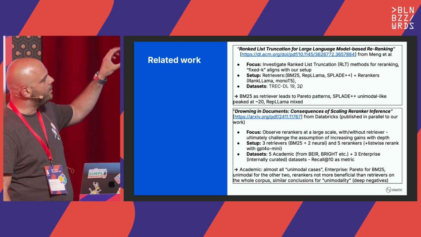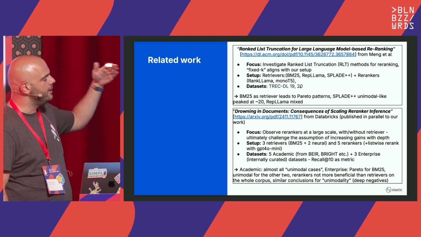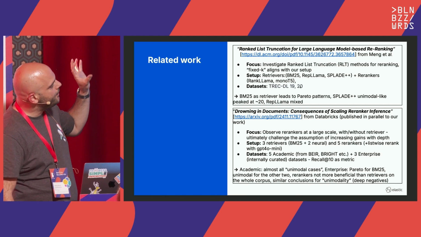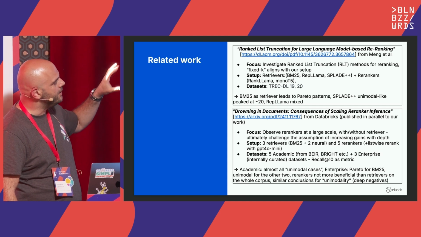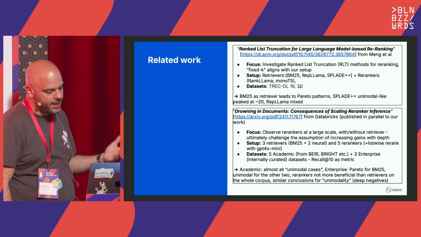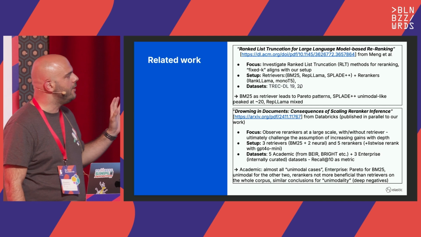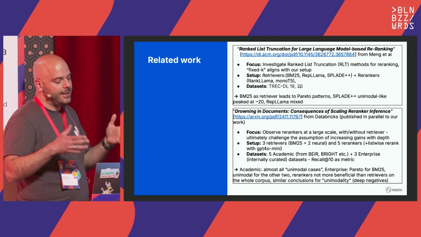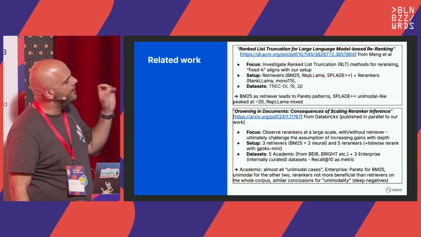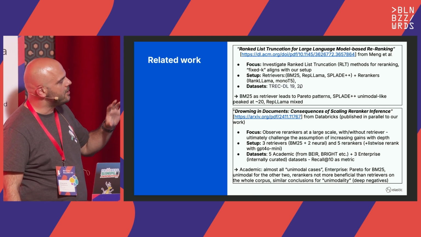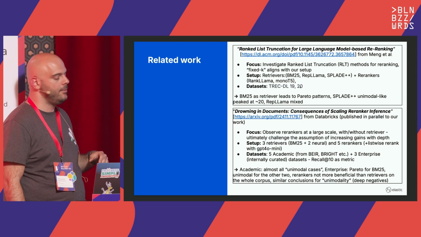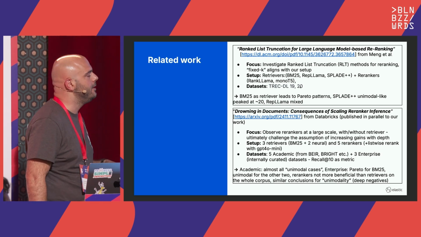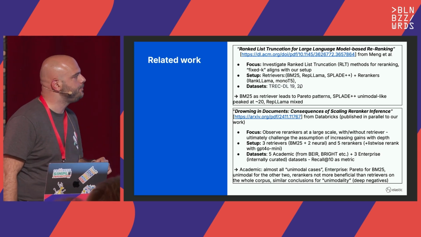And there is a setup called fixed K, where you decide the reranking depth beforehand for all queries. You can see the setup for the different retrievers and rerankers. From our perspective, when BM25 is used as a retriever, it leads to Pareto patterns, again, by looking at the numbers. And when SPLADE++ is used, we see more unimodal-like patterns peaked at a small depth around 20.